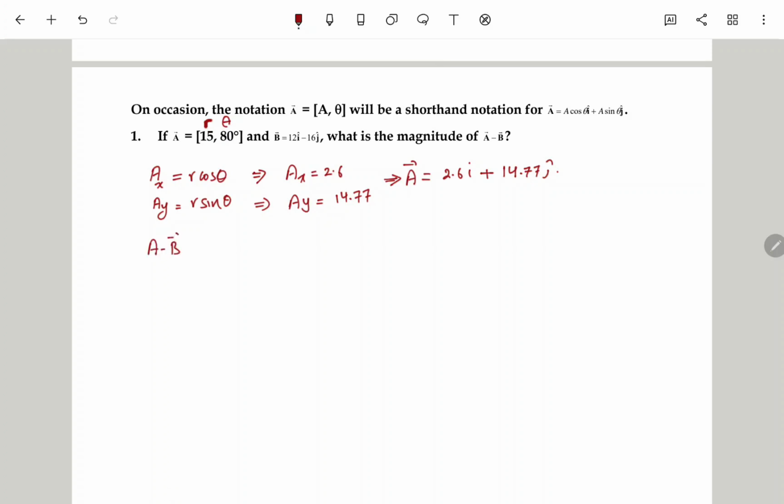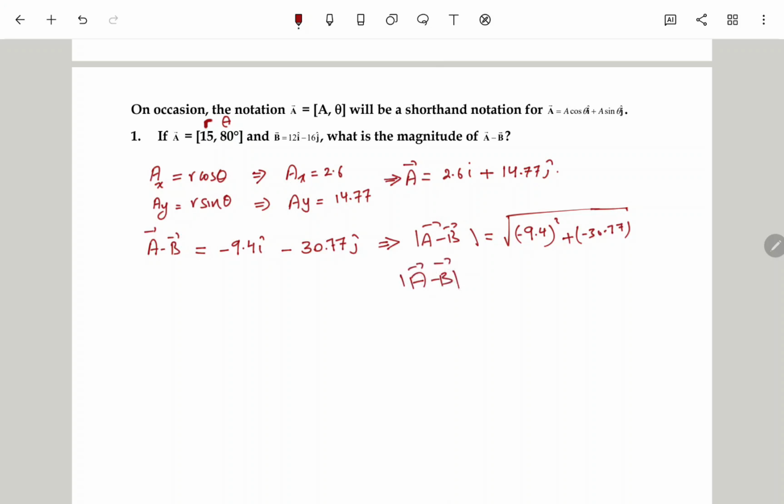A minus B equals minus 9.4 i hat minus 30.77 j hat. So the magnitude of A minus B equals the square root of 9.4 squared plus minus 30.77 squared, which equals 32.